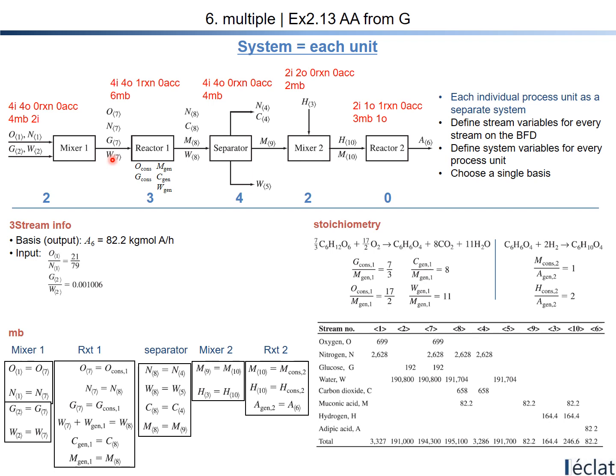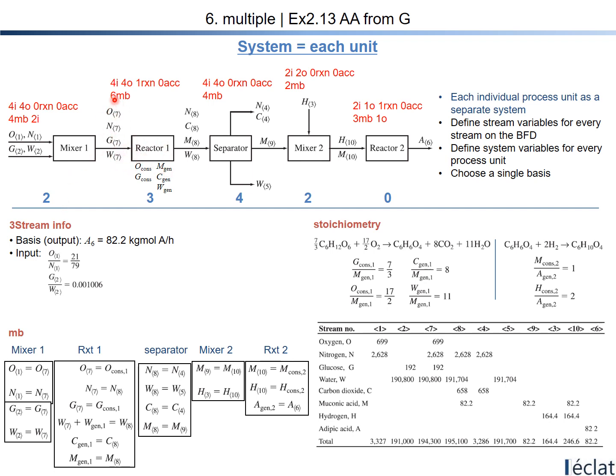We have 4 components, so 4 material balance equations. And the specified things were the composition of air and the composition of glucose solution. So we have 2 input information. So 8 minus 6 is going to 2. The degree of freedom of mixer 1 is 2. How about the following process, reactor 1?